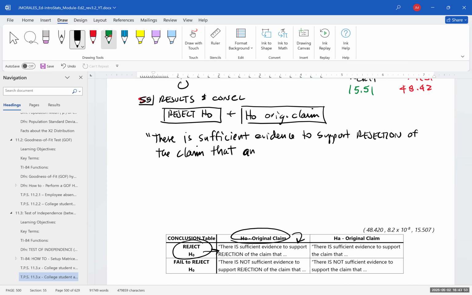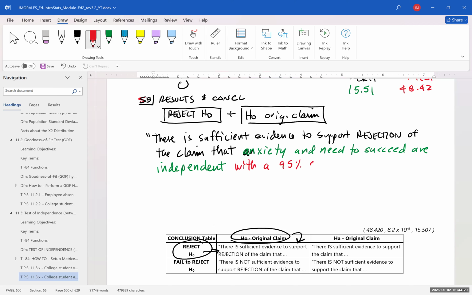Anxiety and need to succeed are independent with a 95% confidence level.